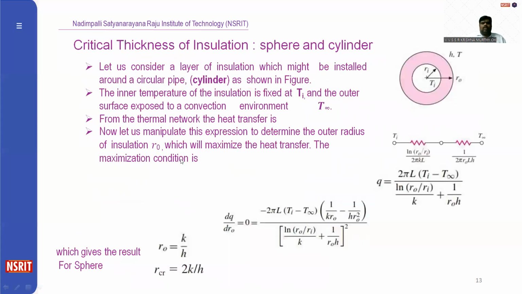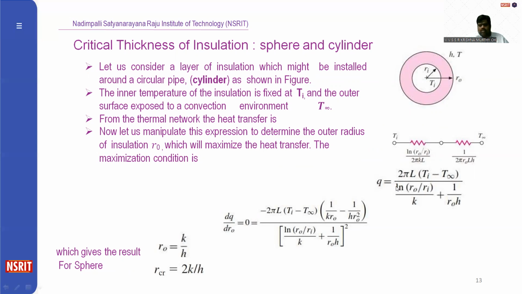So next is the critical thickness of insulation. We all know insulation is used in electricity for saving energy. Similarly, this critical radius of insulation is also used in heat transfer, where insulation is installed on round circular pipes or cylinders. The inner temperature is fixed and the outer surface is exposed to the environment.